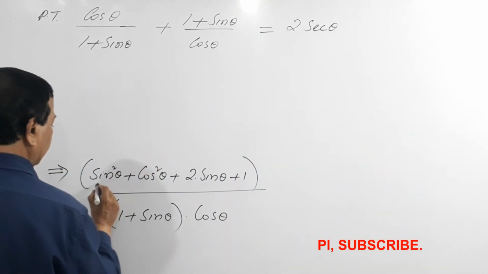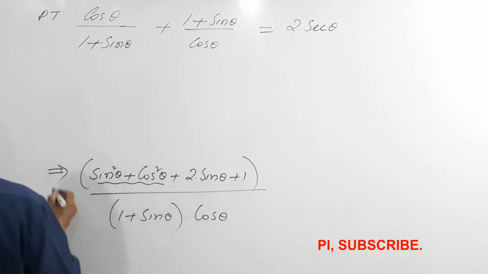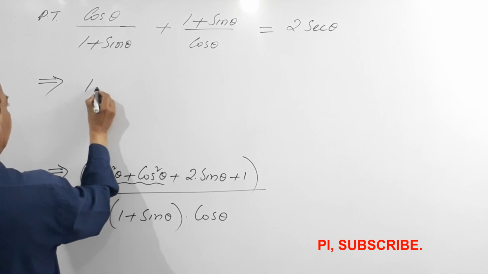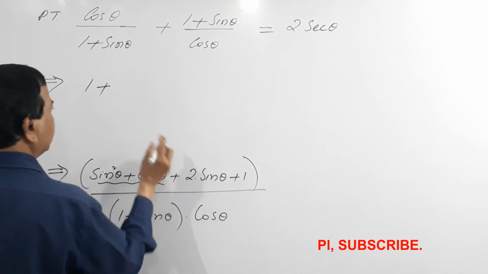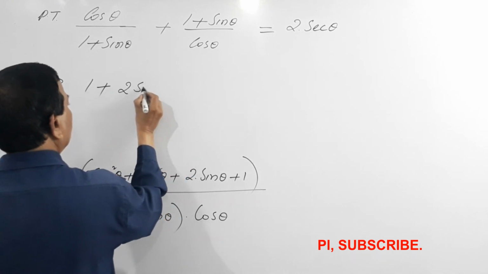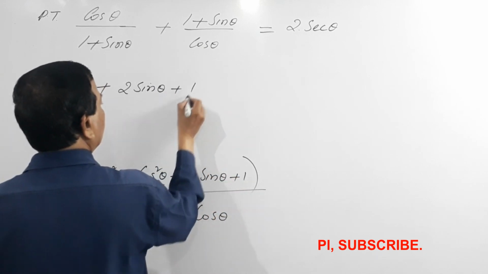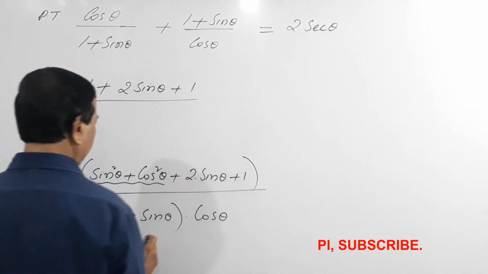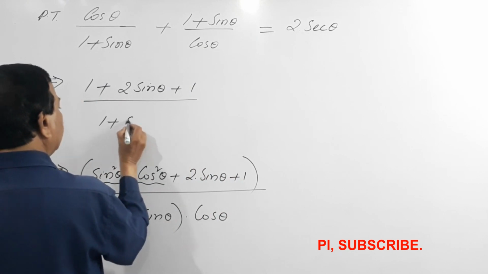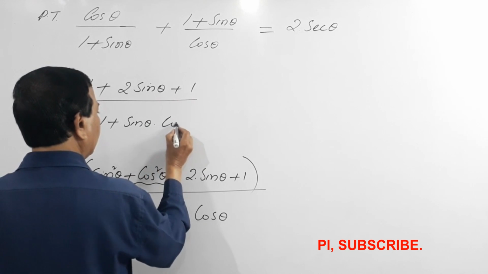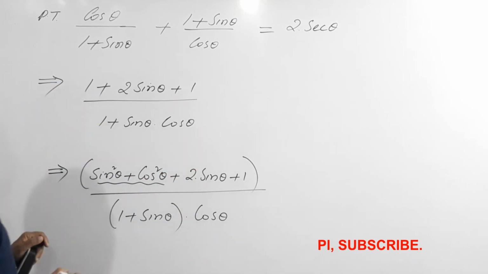So what is this? This is nothing but 1 plus 2 sin theta plus 1, divided by 1 plus sin theta into cos theta.